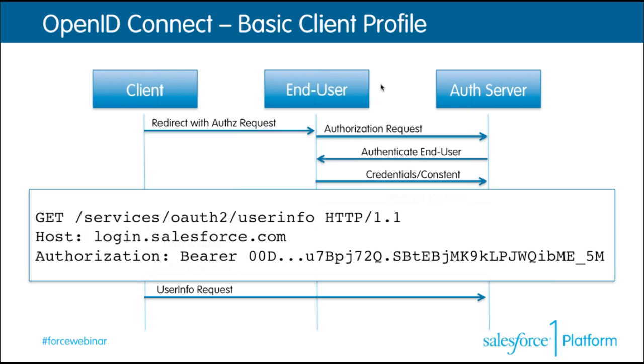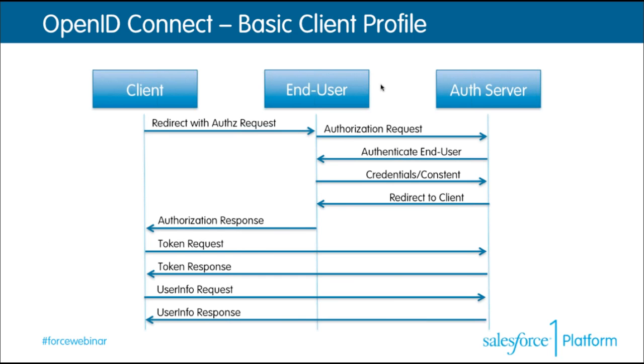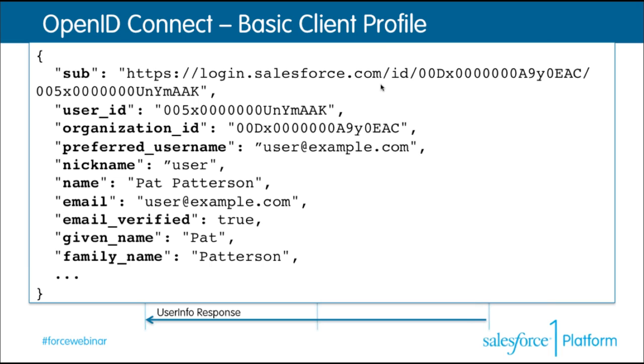And in return, the authorization server can send all the usual profile information concerning the user. So in the case of Salesforce, you get that same subscriber ID. You might get their user ID, organization ID, the name, email, all of that good stuff, everything you need to interact with that user. So that's the basic client profile in a nutshell.